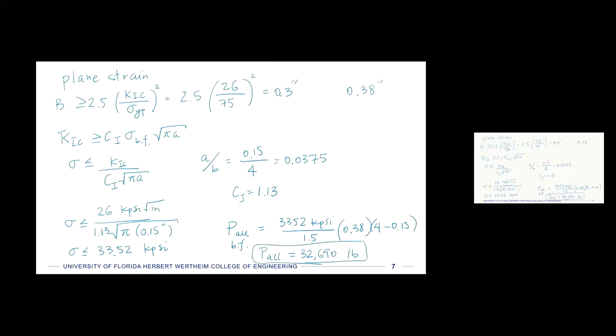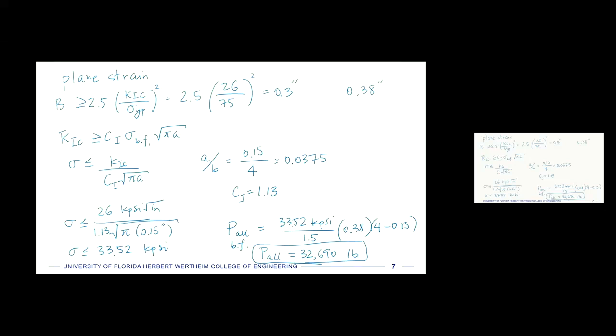So this value is quite a bit smaller than what we got if we just checked for yielding. It's about 32,000 compared with the other one, 73,000, so it's less than half of what is allowable.